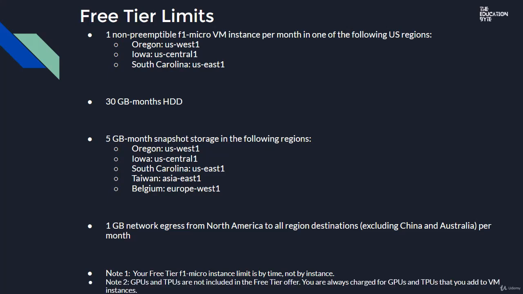Also note that GPUs and TPUs are not included in the free tier offer. You're always charged for GPUs and TPUs that you add to VM instances. I believe you can't even use the free credits that you get, $300, for places where it says it will be charged, for example the GPU. I'm not 100% clear whether the GPU and TPU usage will come out of your free credits, but I believe not.